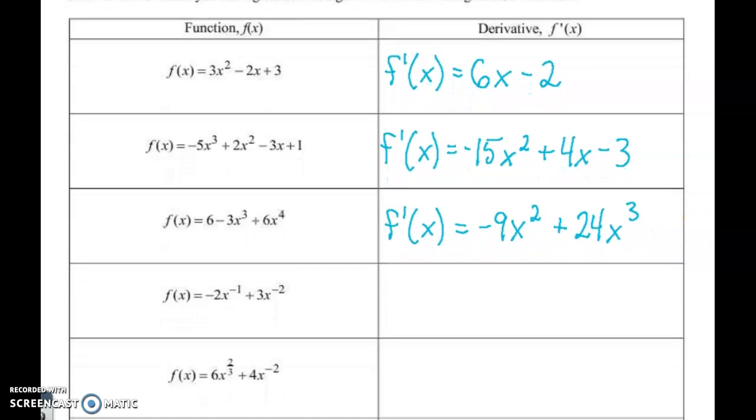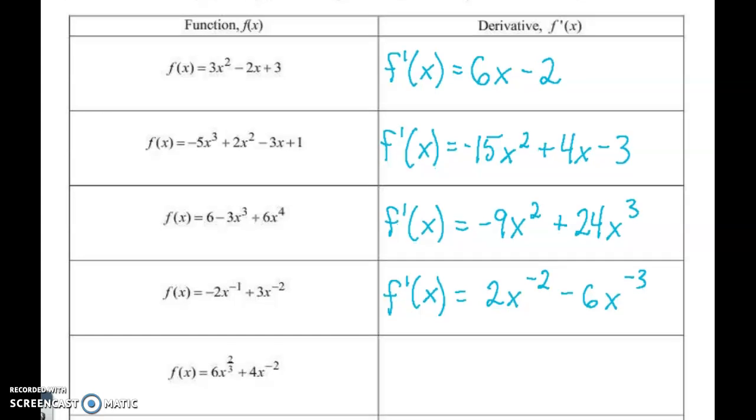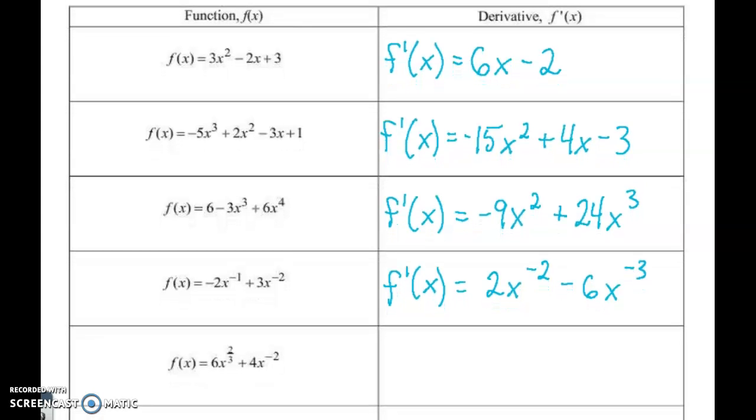If at any point you see the pattern, go ahead and write it down and see if you can get the correct answer. 2x to the negative second power minus 6x to the negative third power. And if you think you're right, your rule still works for rational exponents.